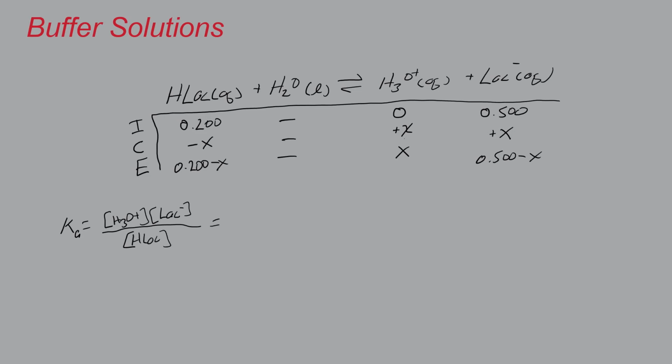And just plug in numbers here. So this is going to be x. This is 0.55 minus x. Actually, I'm going to fix that in two spots.